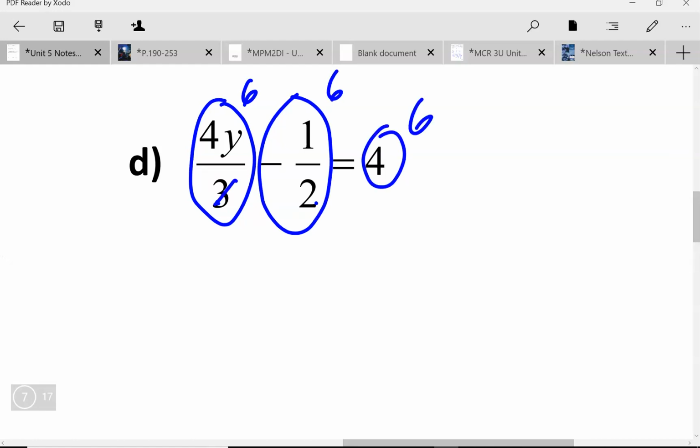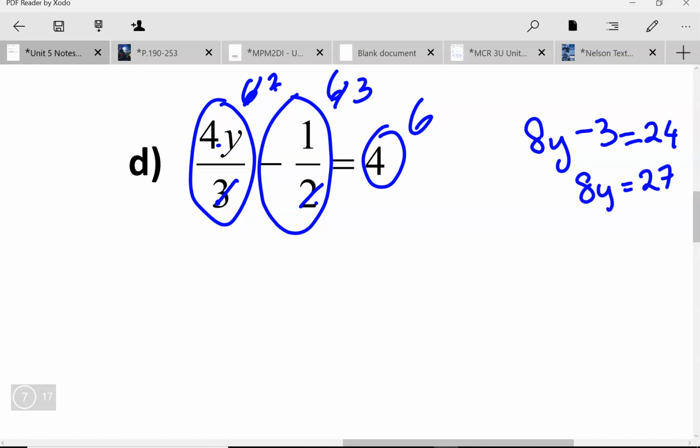So you're going to do some cross canceling. 2 times 4y is 8y. Cross canceling, negative 1 times 3 is negative 3. 4 times 6 is 24. 8y equals 27, because when I move the negative 3 to this side it became plus 3. y equals 27 divided by 8 is one of the ways I can get that answer.